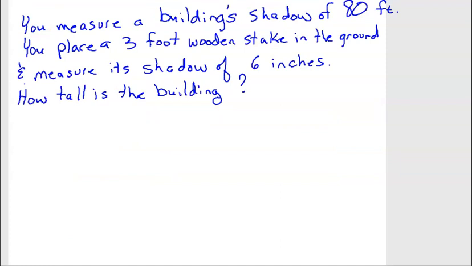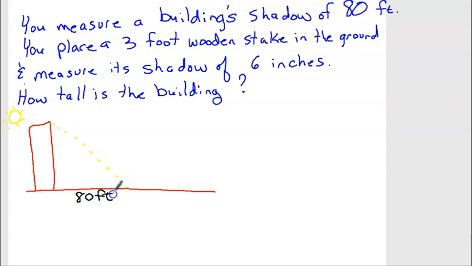All right, so this one right here, you've done plenty of these problems in geometry. You have a building that has a sun that casts a shadow, and the shadow is 80 feet. And you place a 3-foot wooden stake, and that also makes a shadow.